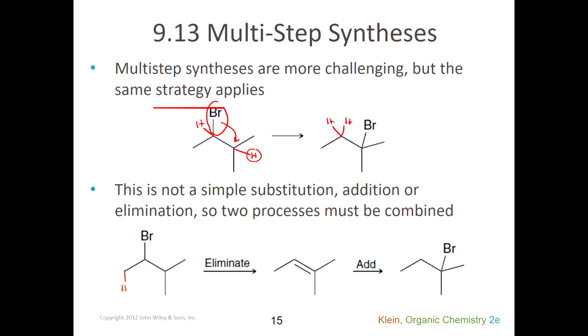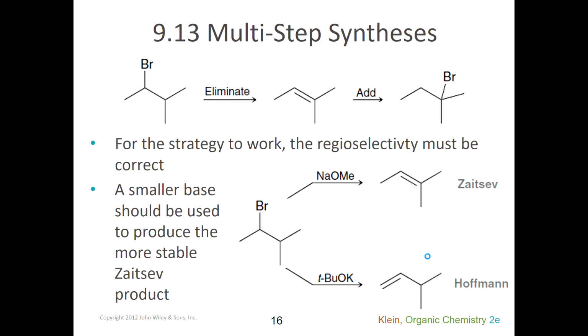If there's a beta hydrogen on both these sides, I have to make sure regioselectively I get the pi bond to form on the side I want. And then I have to recognize if I'm going to add HBr across here, I need the HBr to add regiochemically to give me the outcome I want there as well. All right, so let's talk about that in a little more detail.